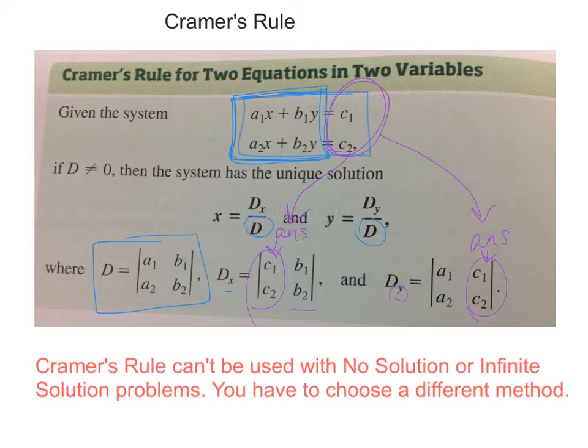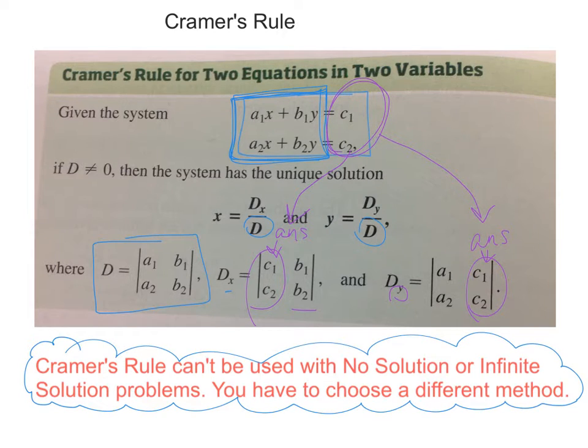But a point that needs to be made here. Notice this down here in red. Cramer's rule can't be used with no solution or infinite solution problems. So it cannot be used with either one of those scenarios.